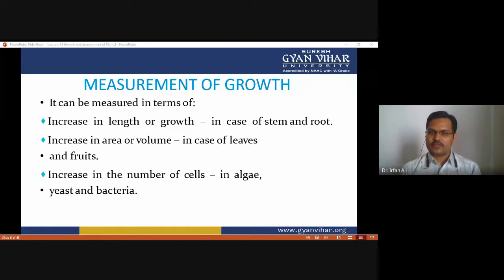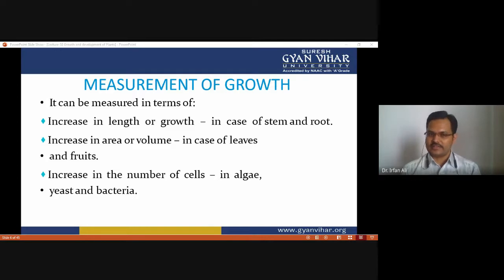Growth in the case of stem and root can be measured by measuring the length of the stem or root. If we have to determine growth in leaves, we have to consider the increase in area or volume.